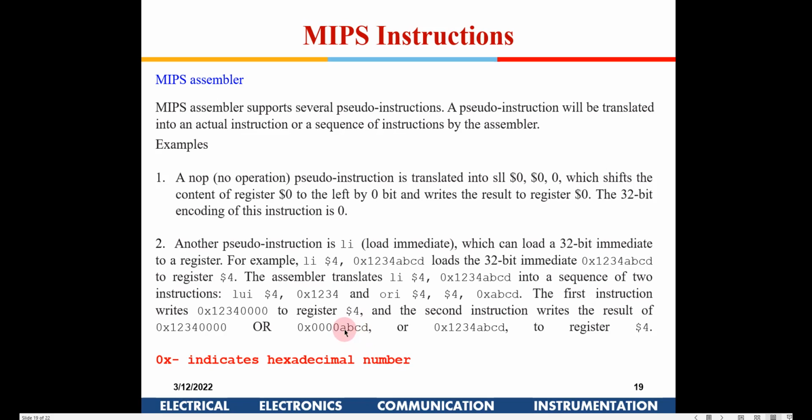So when I write LI in the compiler, it will execute 2 different instructions: one is load upper immediate and then OR immediate. It takes the first 16 bits and does a load upper immediate, and takes the next 16-bit data and does an OR immediate operation.